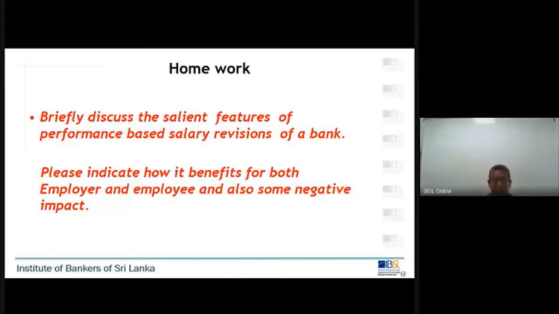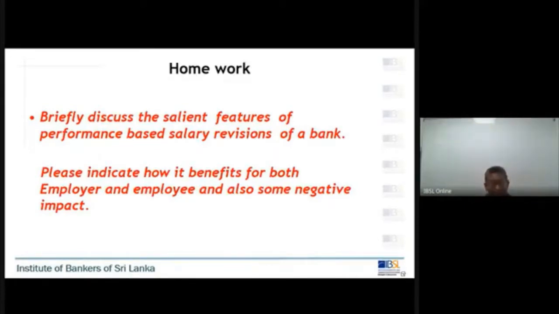Please indicate how it benefits both employer and employee and also some negative impact of the same. Please write down. Now we discussed, son, there are two methods of remuneration: collective agreement based remuneration system versus performance based remuneration system.